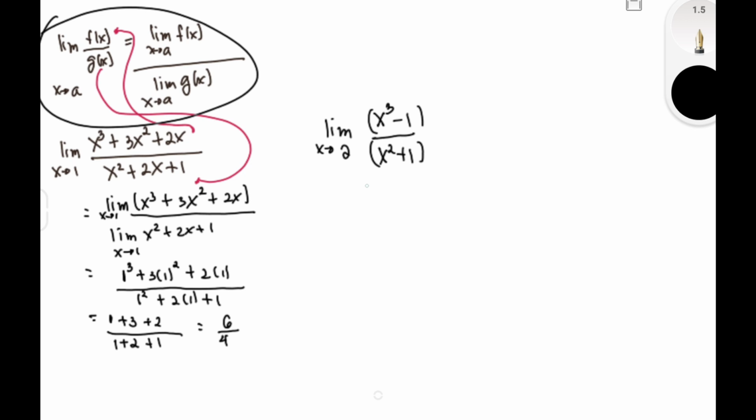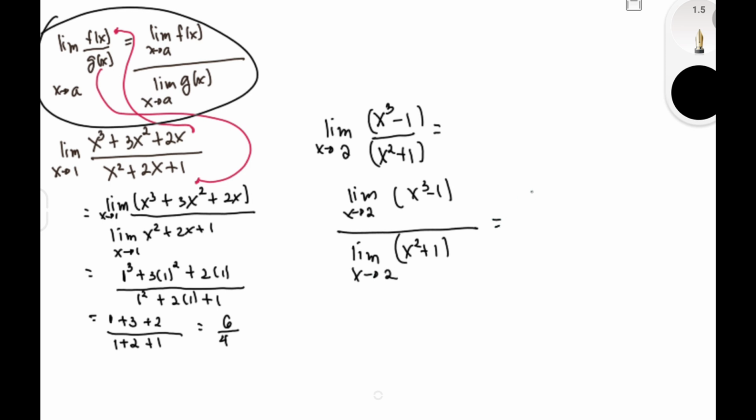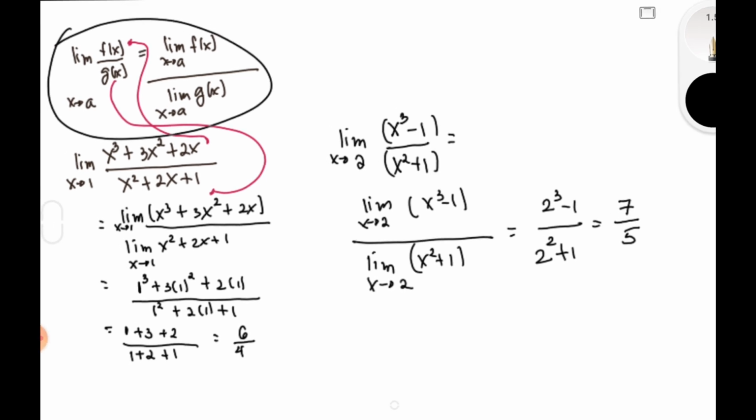So therefore we'll have a value equal to the limit of x cubed minus 1 as x approaches 2 divided by the limit of x squared plus 1 as x approaches 2. So we'll have a value equal to 2 cubed minus 1 divided by 2 squared plus 1. So we'll have 7 over 5.